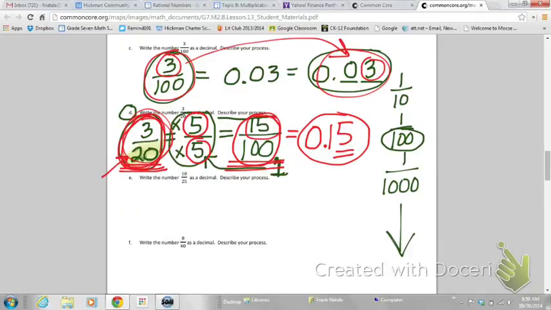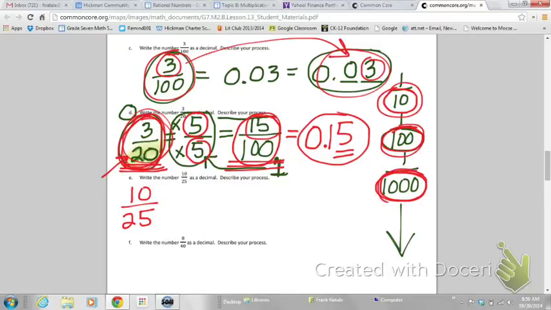Okay, so let's go ahead and do this process together for the next one. Write the number 10/25ths as a decimal. Again, I hope everyone out there is getting into the habit of looking at this denominator, 10/25ths, and trying to convert it into one of these over here.